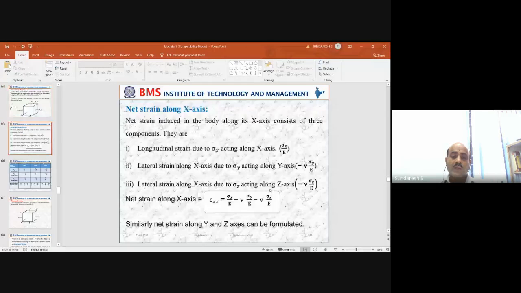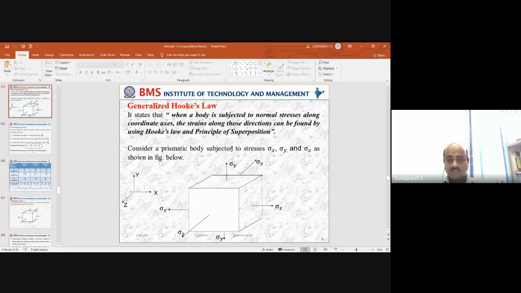See, yesterday I was showing this. Just take this block. Now let us take that this block is subjected to the stresses sigma x, sigma y, and sigma z in all three coordinate axes.